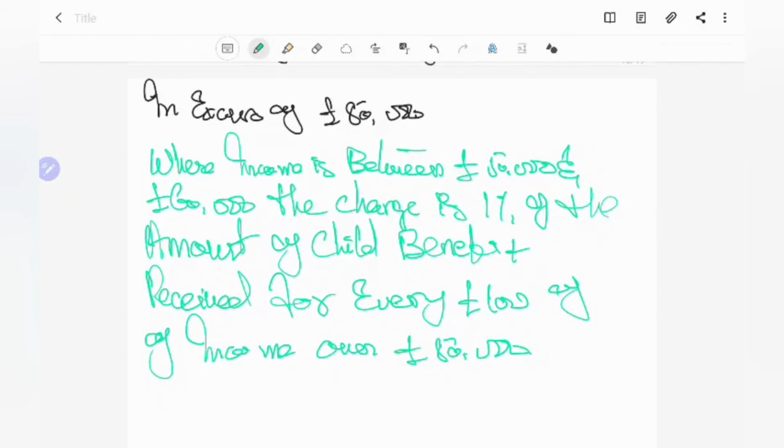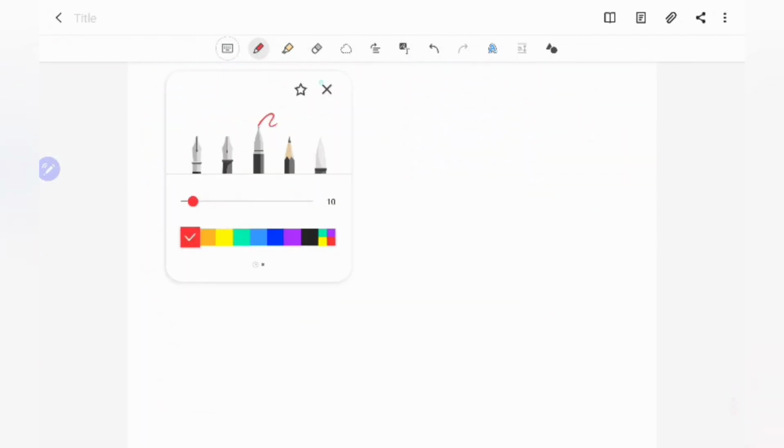The income tax charge is added in deriving the income tax liability of the taxpayer. Now let us look at some examples on it.